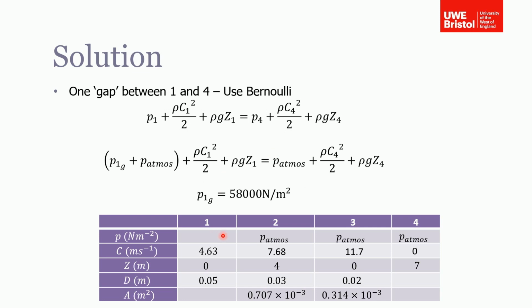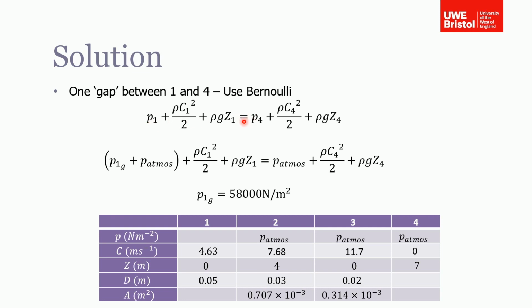We've now got all the information we need to work out the pressure at 1. Again, writing out Bernoulli's in its entirety, we're going to go from 1 to 4 this time. Just to clarify, the static pressure term in Bernoulli's equation is an absolute pressure.